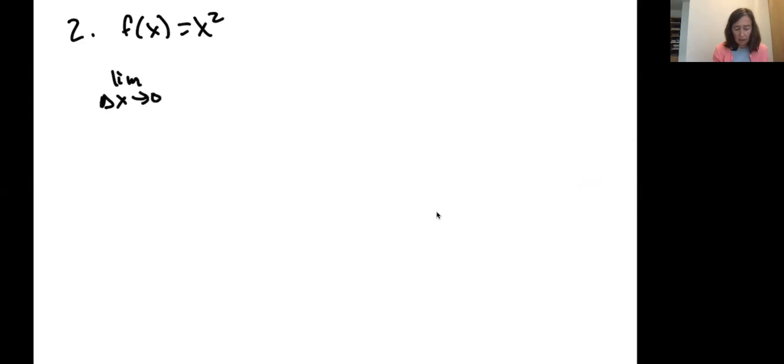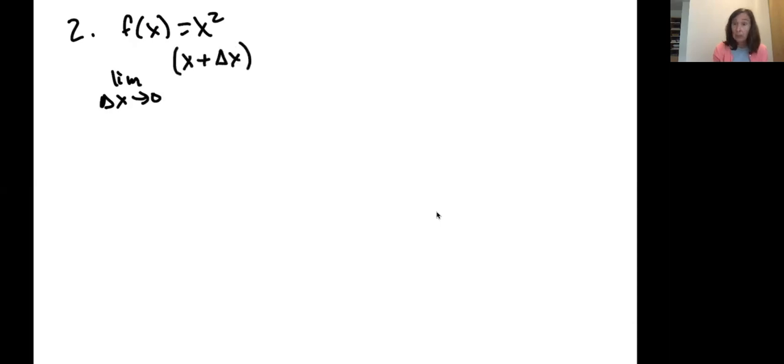So now for our second example, the one I promised, we'll have f of x equal x squared. So same as before, taking the limit as delta x goes to 0 of f of x plus delta x.